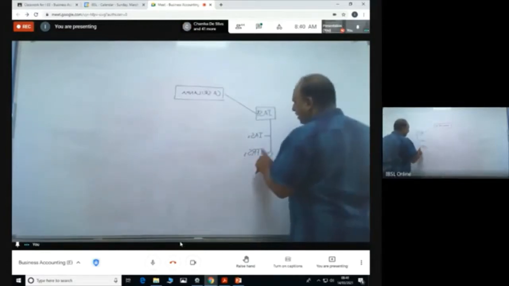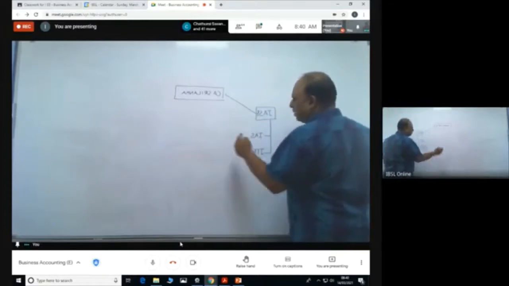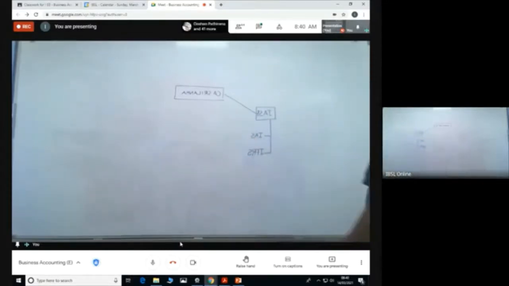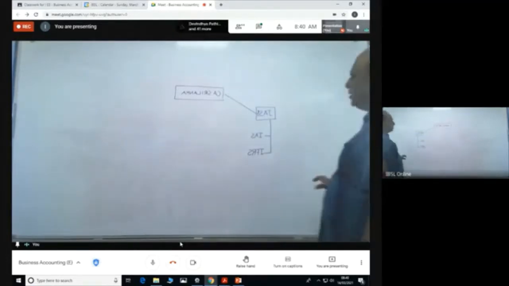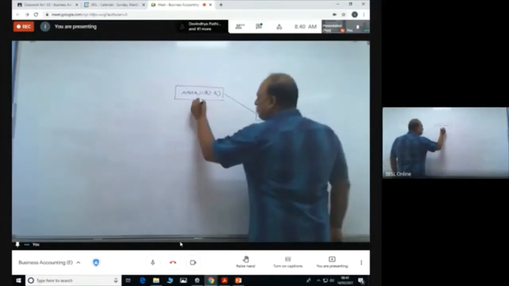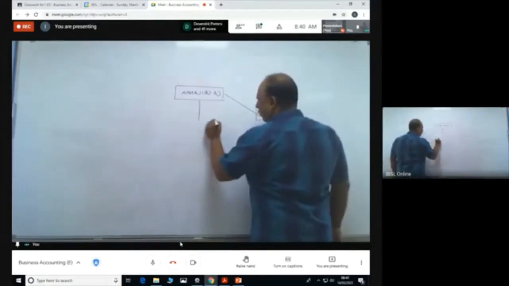IAS actually has no S, the S indicates there will be several standards. So IAS and IFRS.